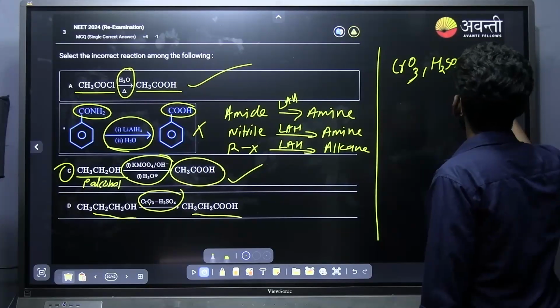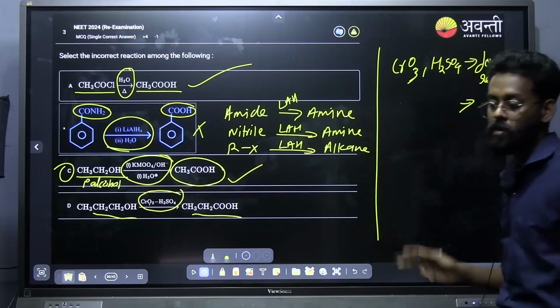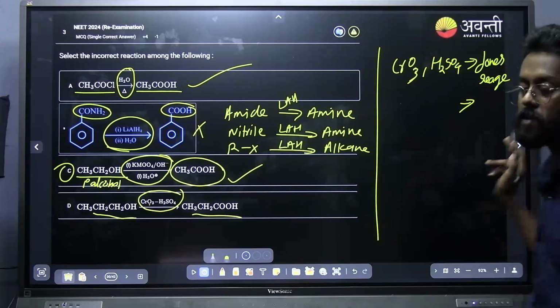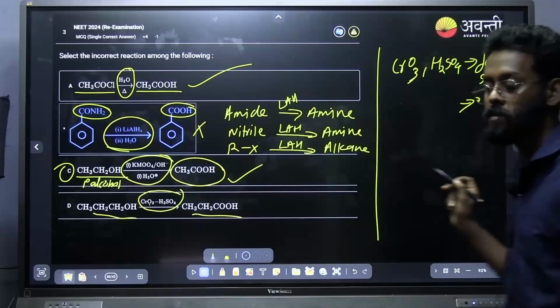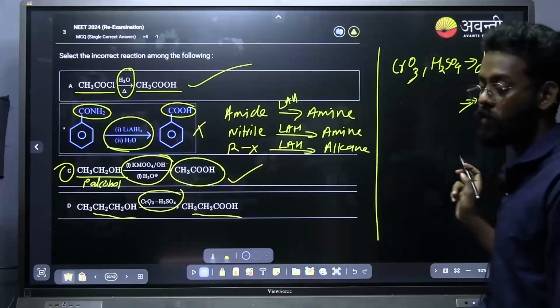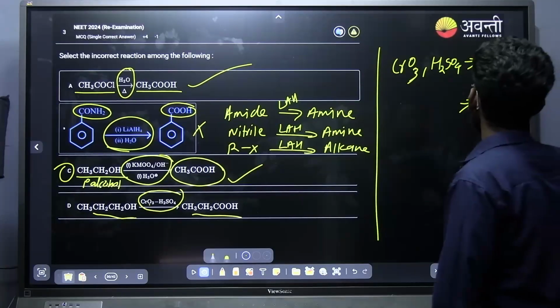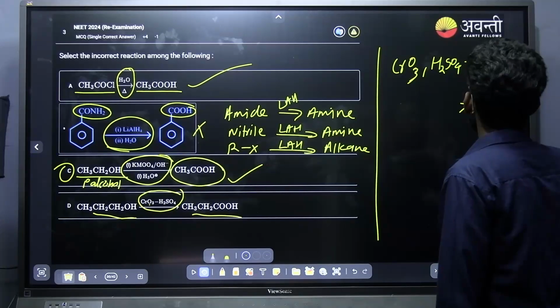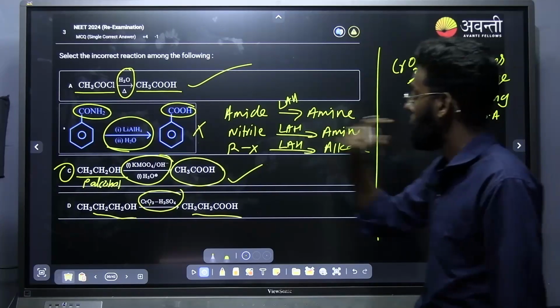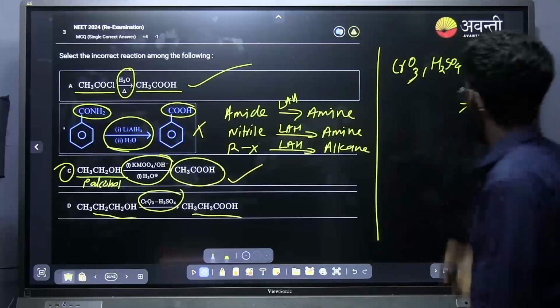Is it a strong oxidizing agent or a weak oxidizing agent? Strong. Yes, actually it is a strong oxidizing agent. It can convert primary alcohol to acid and secondary alcohol to ketone.